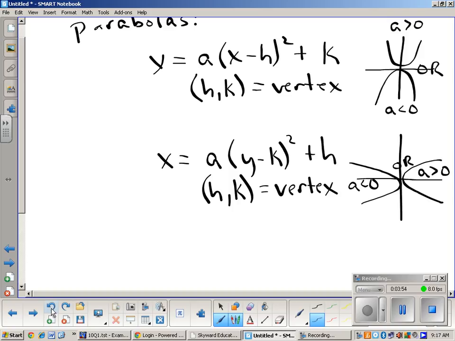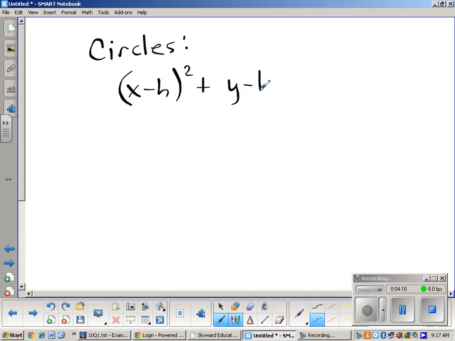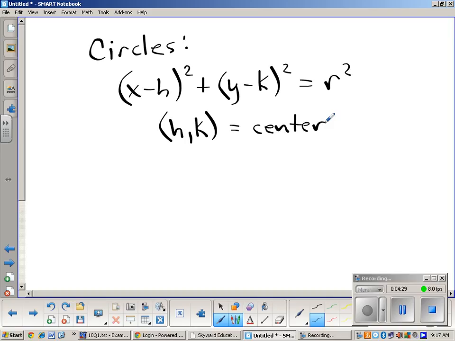Okay, next thing we did then is we went to circles. And circles had the formula (x minus h) squared plus (y minus k) squared equals r squared. Okay? Where (h, k) is our center, and r is the radius.